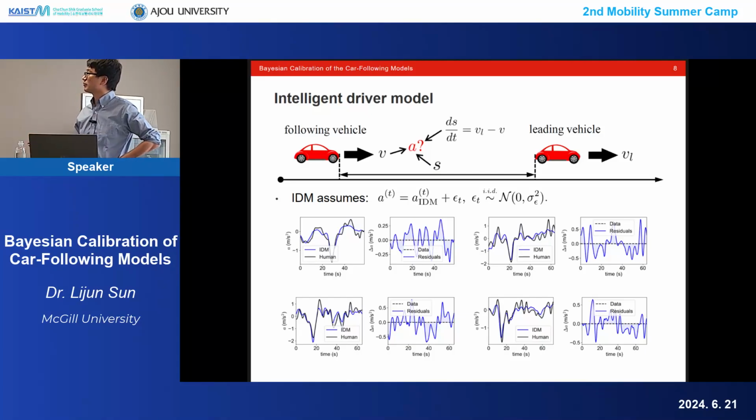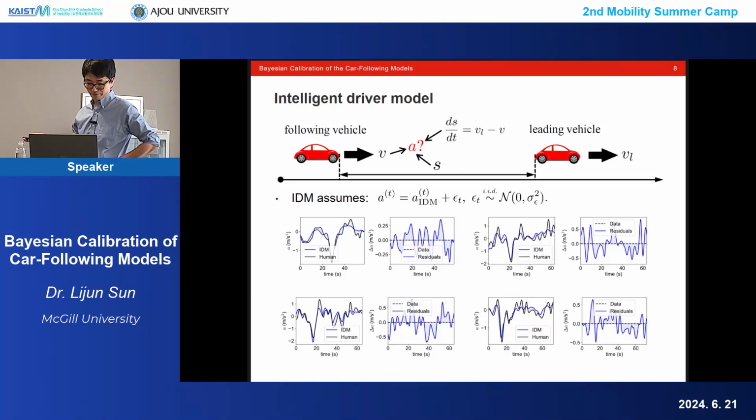I collected the true acceleration of the following vehicle, applied maximum likelihood to calibrate the parameters given this trajectory, and used the calibrated model to reproduce or generate the corresponding acceleration.